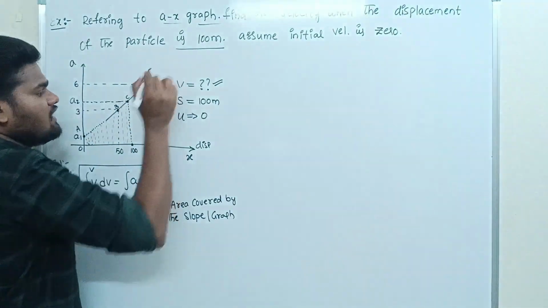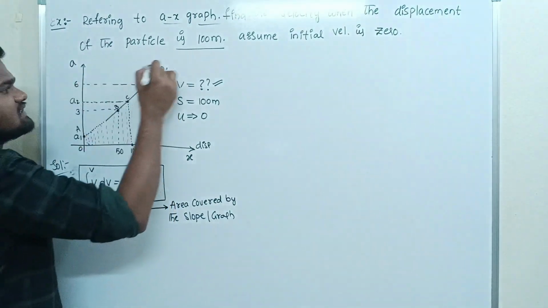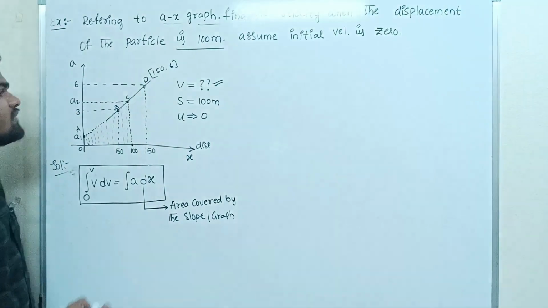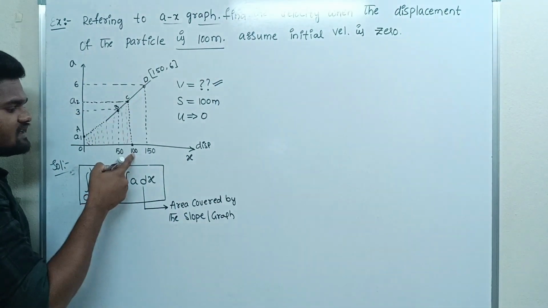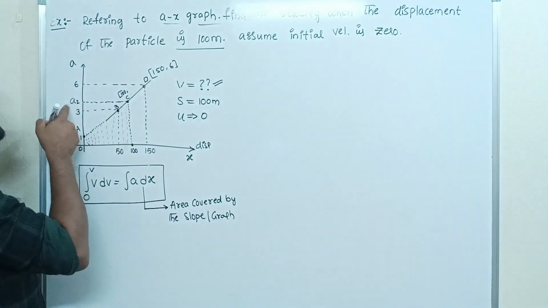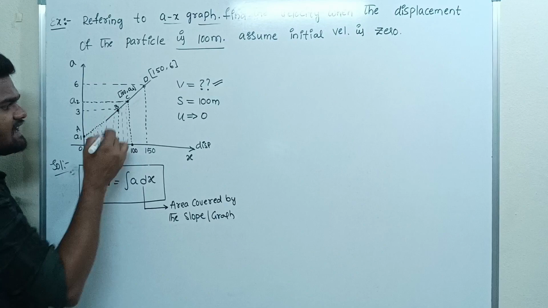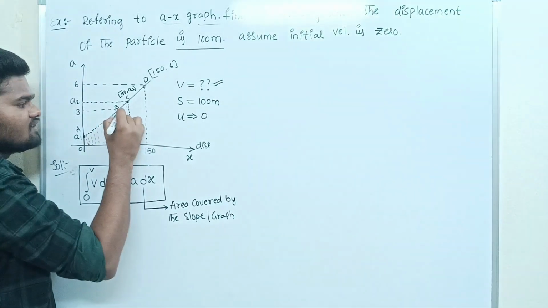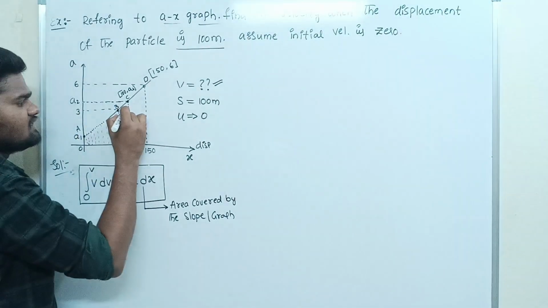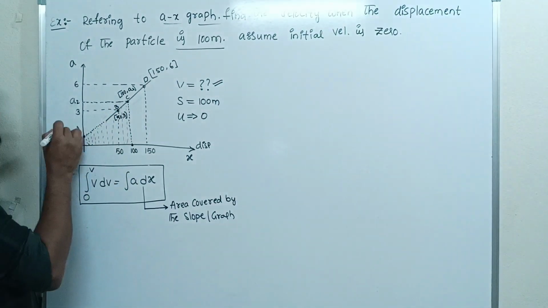So what is point D? We have along the x direction coordinate 150, and along the y direction the coordinate is how much? 6. If you come to point C, what is the x coordinate for C? 100. And what is the y coordinate? a2. Are you getting? For B, what is the x coordinate? 50. What is the y coordinate? 3. In case of A, what is the x coordinate? 0.